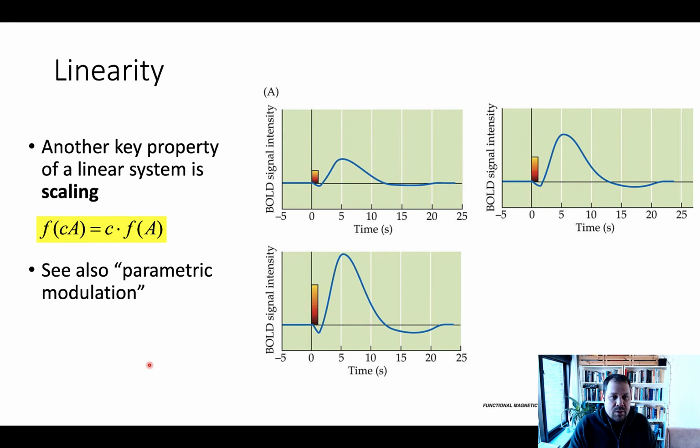Another key property of a linear system is scaling. This is something that you may have encountered before when, for instance, we talk about parametric modulators. It means that if the magnitude of the stimulus increases in intensity, then the BOLD signal should also follow that intensity. So if a stimulus is twice as large, then we should observe a BOLD response that in magnitude is also twice as large, or maybe even 3 times as large.